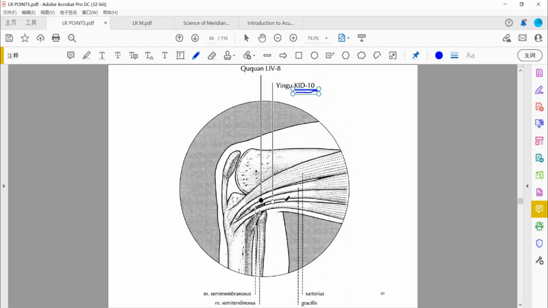Right, okay. So let's see if I can share my screen with you. Where is it?